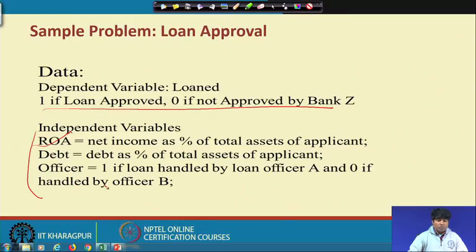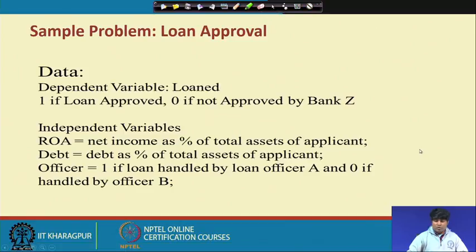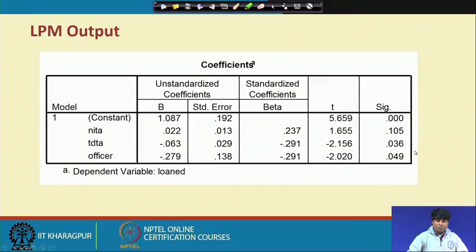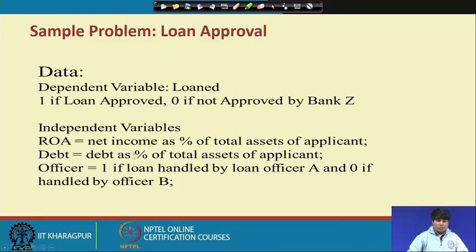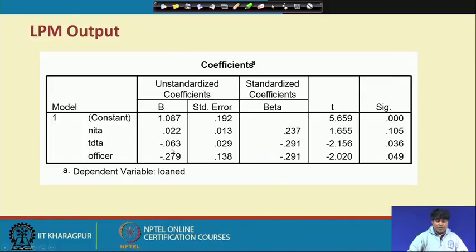Okay, so this is the problem background, and then again we will see the output compared between the linear probability model and the logit model. This is the linear probability model output. As usual, since we have a spreadsheet, you just have to connect the regression structure, and by default you will get the output.